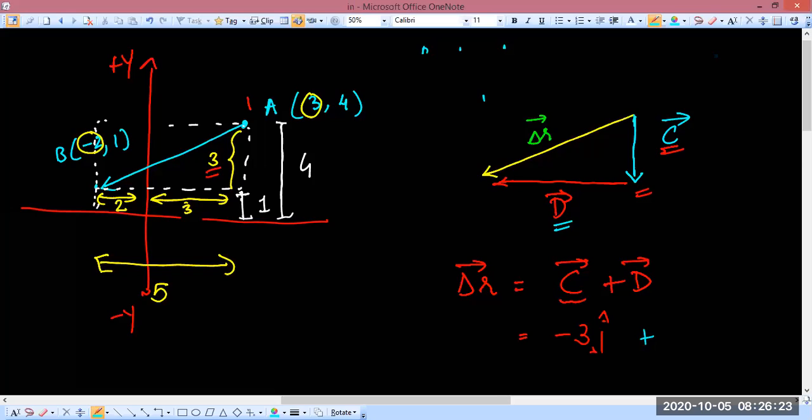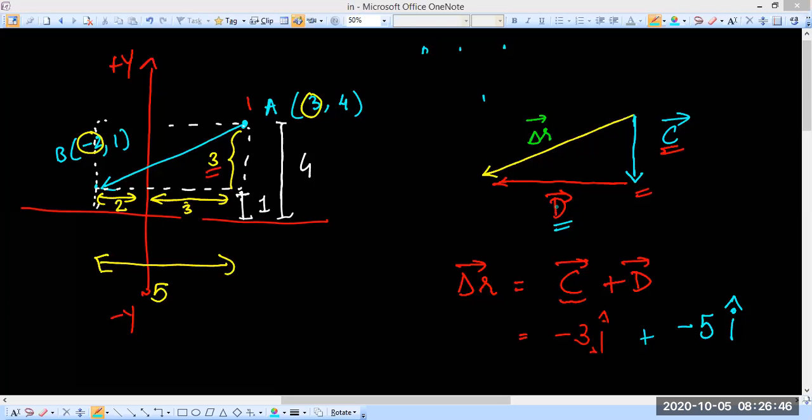No, Dikshita. Joy, it's not carrot, it's caret. The correct is -5 i caret. The correct is -5 i caret. Clear? I hope this minus sign is clear.